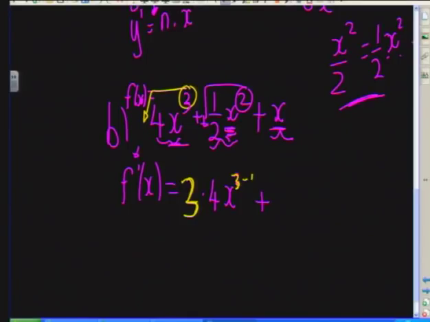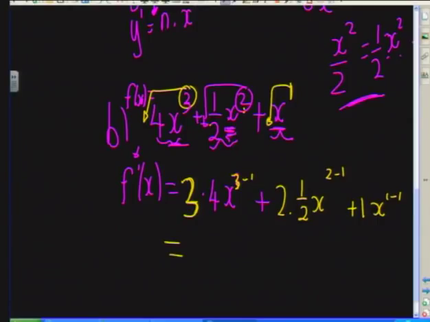Here we've got x to the power of 2, so it's going to be 2 times a half, and then x to the power of 2 minus 1, plus x to the power of 1. Again, the same thing: take the 1, times it by the x, and it's going to be x to the power 1 minus 1.